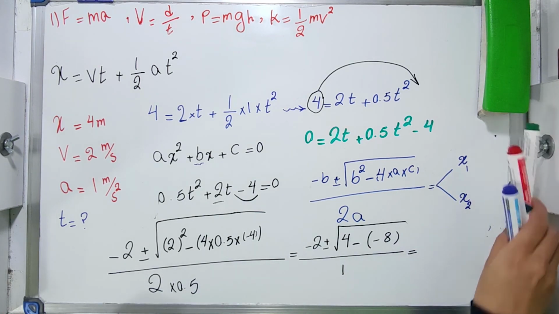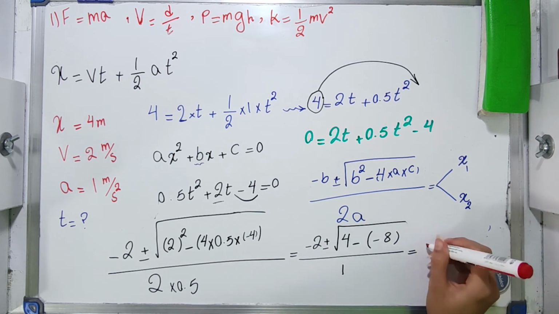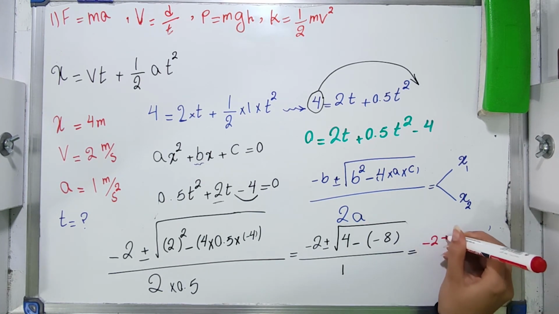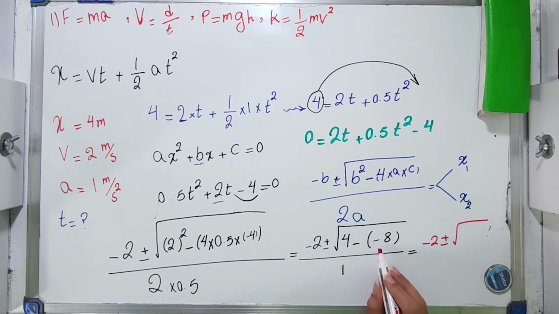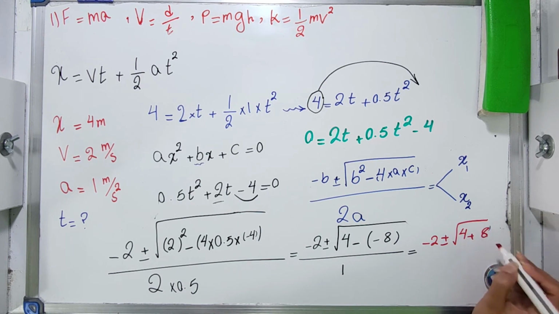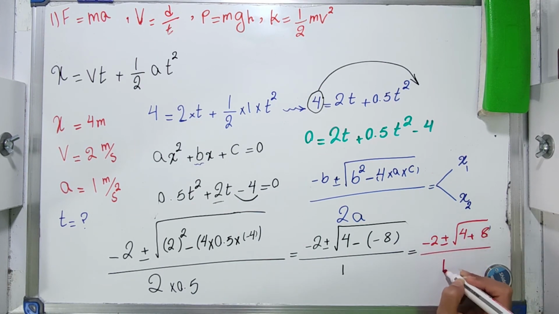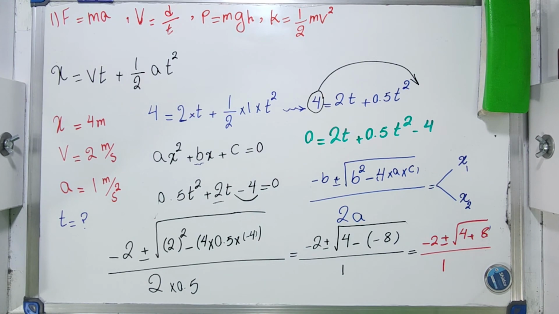So it will be like that. Minus 2 plus or minus 4 minus minus 8 will be 4 plus 8, over 1. So let me write the final fraction here.